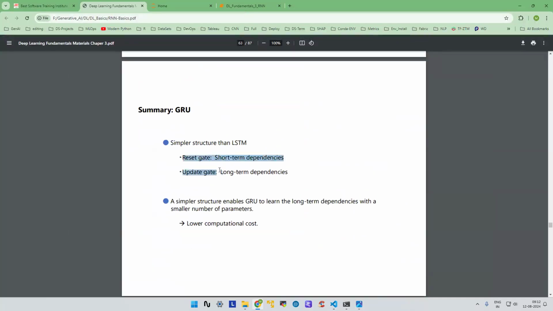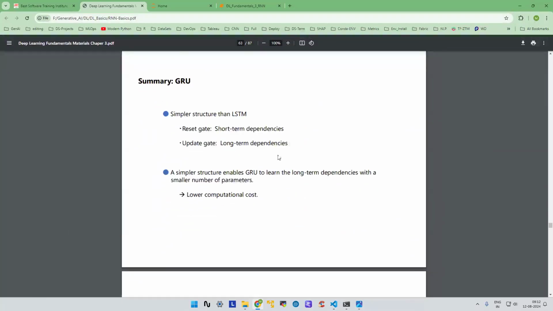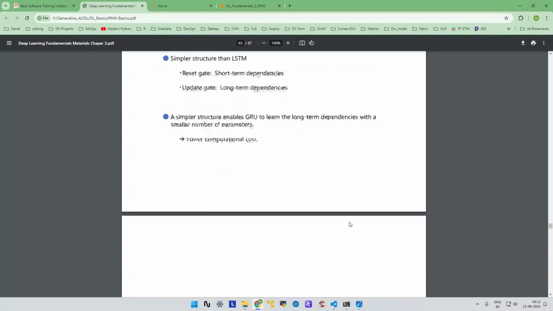That is how it got two gates. One will remember long-term dependencies, and the other will remember short-term dependencies.